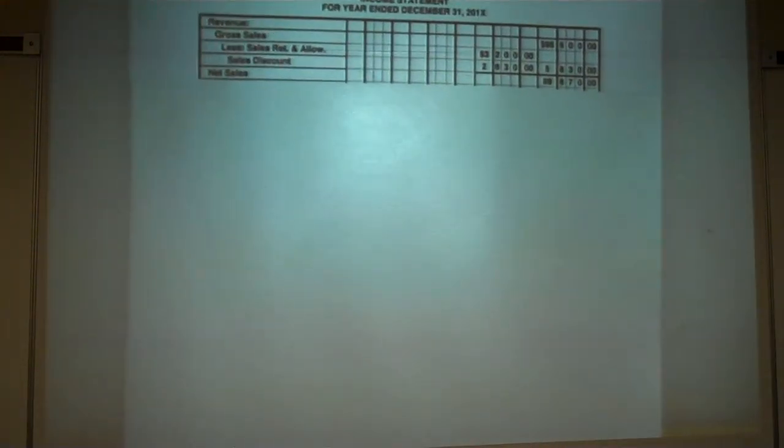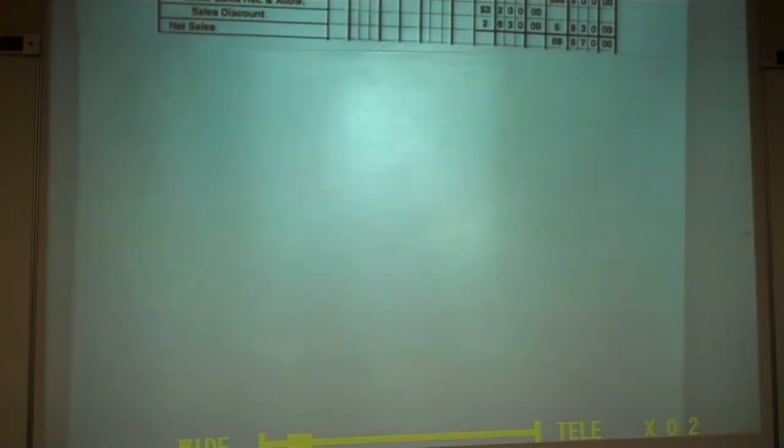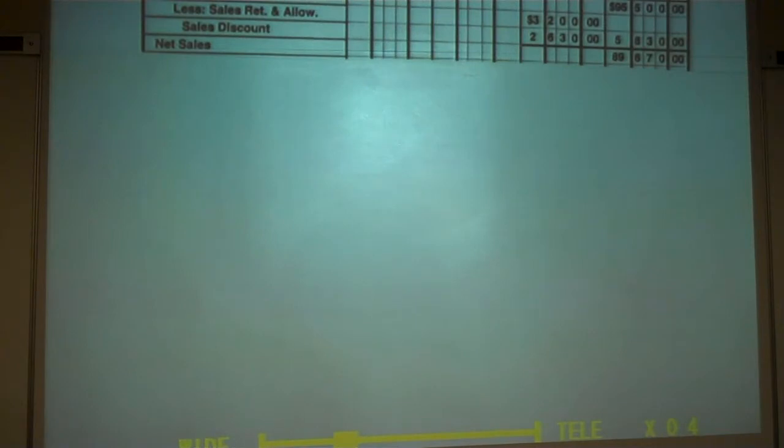What is the first section that we need to prepare on the income statement? The revenue. Right, so let's label it revenue, with a colon after it, over to the left margin.